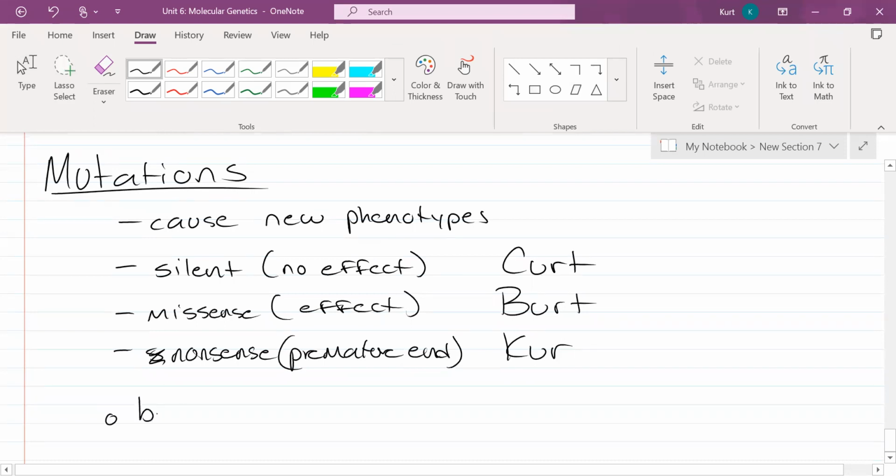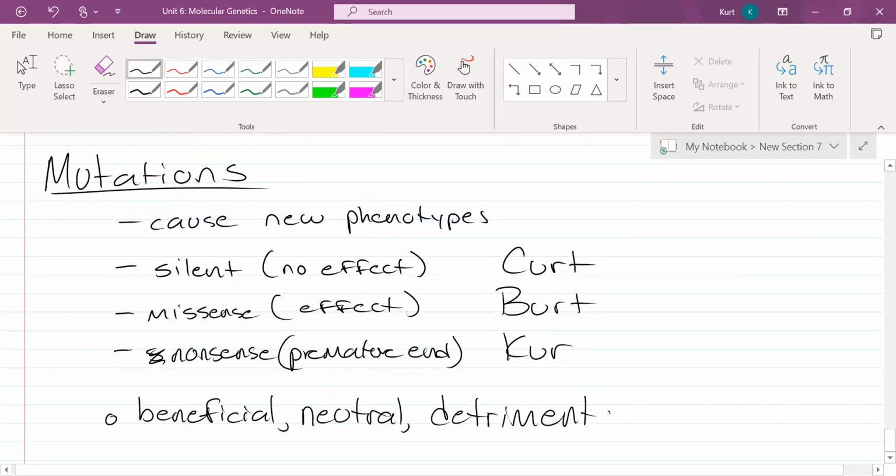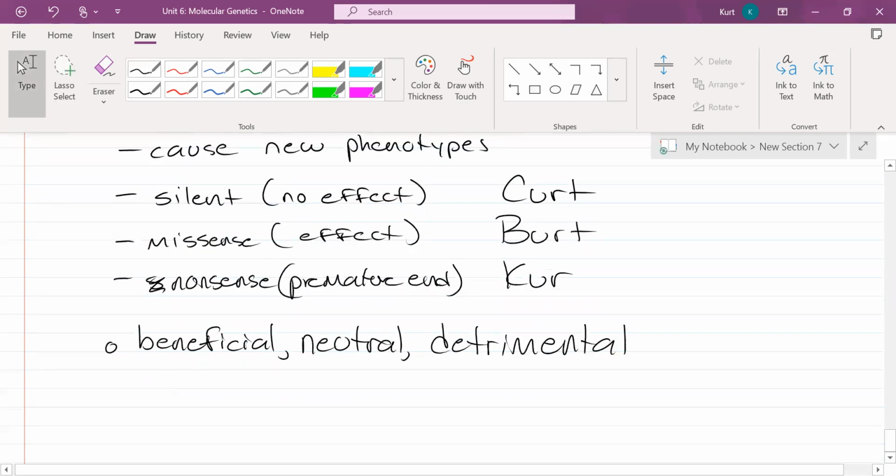Mutations can be beneficial. They can be neutral. And they can be detrimental. I have a mutation where I was born without wisdom teeth. That's great. I like it. I also don't have a molar on the bottom right of my jaw.